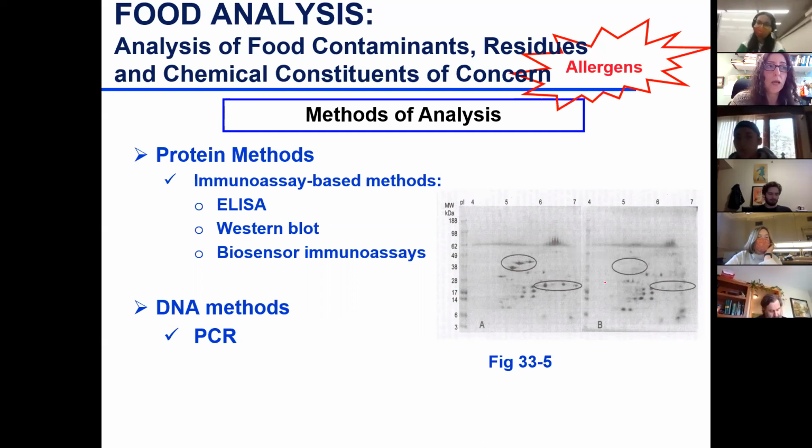The difference between A and B is that the protein was extracted differently. In image A, the protein was extracted with some salt in the extracting buffer, whereas in B, the buffer did not contain salt. So these proteins were not present, and you might wrongfully deduce that you don't have these allergens in this ingredient. So that's something to watch for with protein-based assays: how we're extracting the protein for analysis.